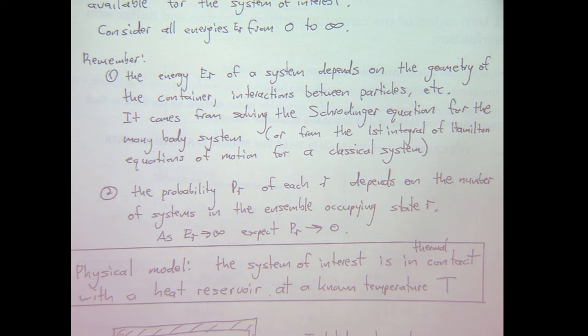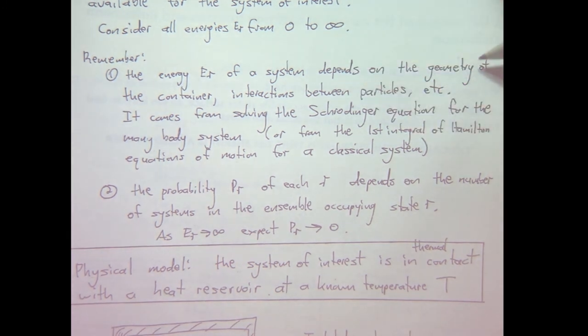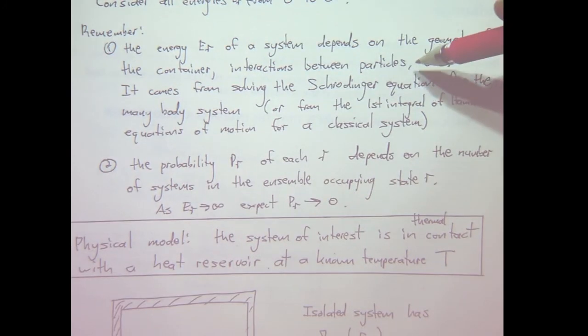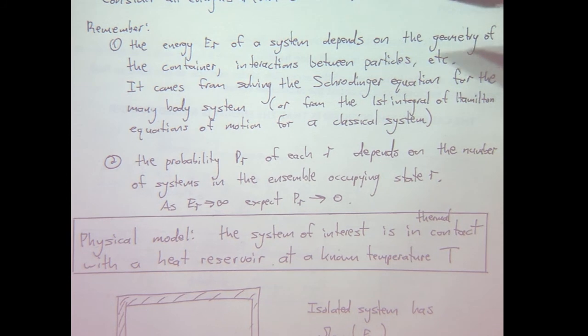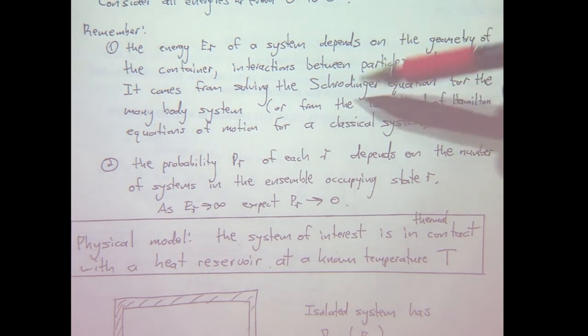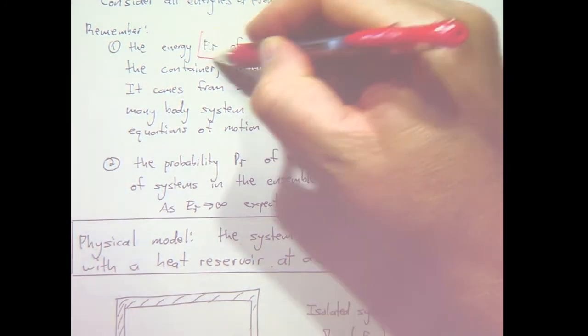So we're talking about solving the Schrodinger equation, and let's just say we have some set of eigenfunctions, and the eigenvalues and eigenfunctions are many-body eigenfunctions, many-body eigenvalues. And the energy eigenfunctions would depend on the geometry of the container, interactions between the particles, and it comes from the energy ER.